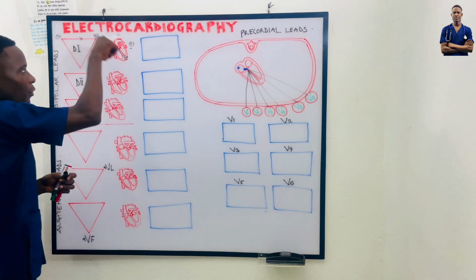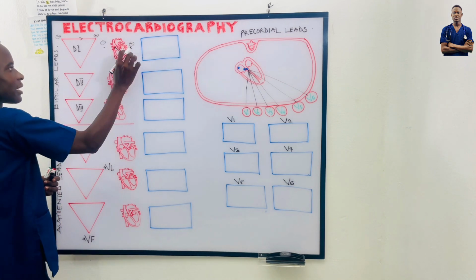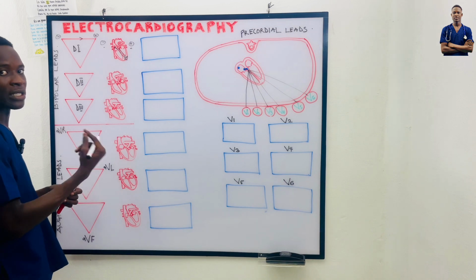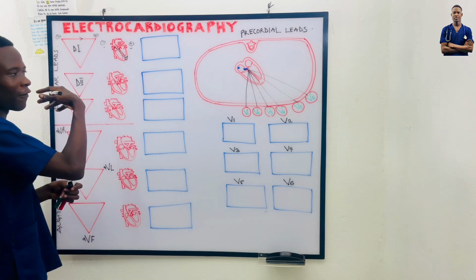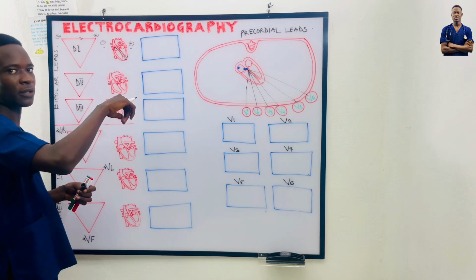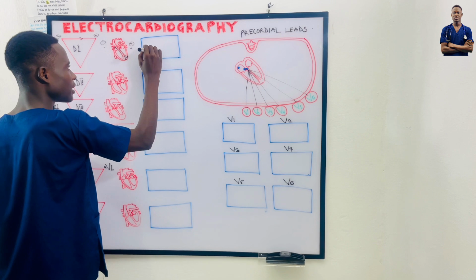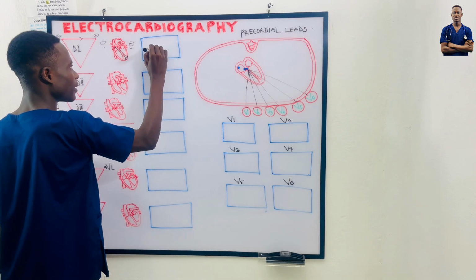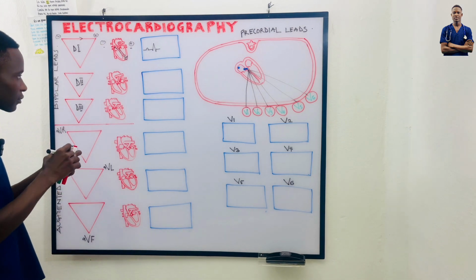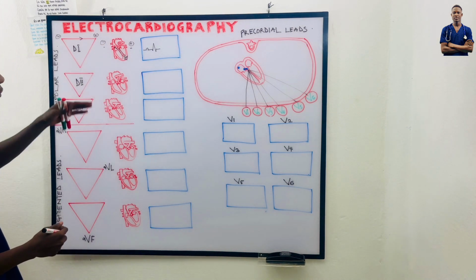So it moves away from the negative and a little closer to the positive. So this lead is going to give a positive reading. You can remember from our previous video, when the positive vector moves towards a positive electrode, it gives us a positive reading. So we are going to get a positive reading for this lead.